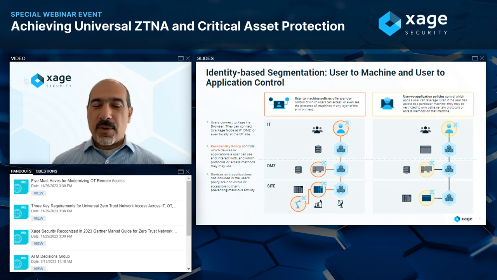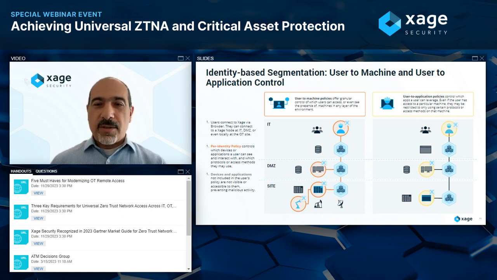With the ZTNA approach, that can be done dynamically, where a user interfacing with a machine can dynamically enable access to an asset in the network from that machine. So a user can access a workstation, and from there, when they need to access a specific PLC, that access can be enabled dynamically. No VLAN or IP address changes are required.